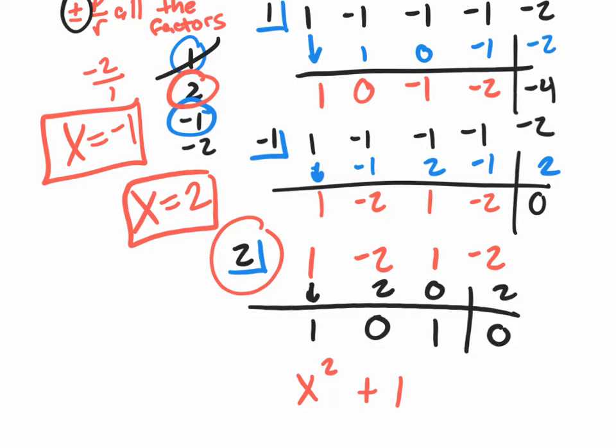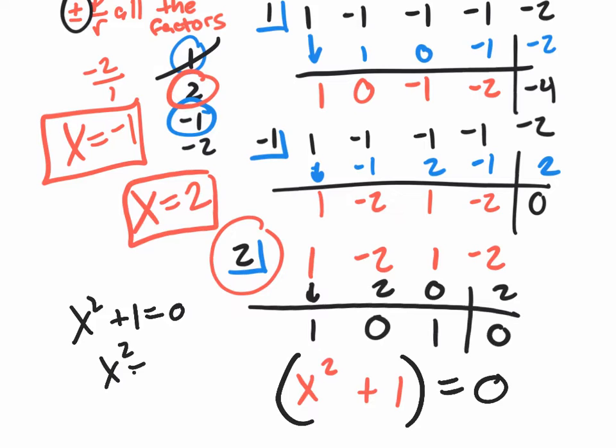So, I have this. This must be a factor of it. But I don't want it in factored form. I want solutions. So why not just set it equal to 0 and actually solve? Right? So I'm going to have x squared plus 1 equals 0.